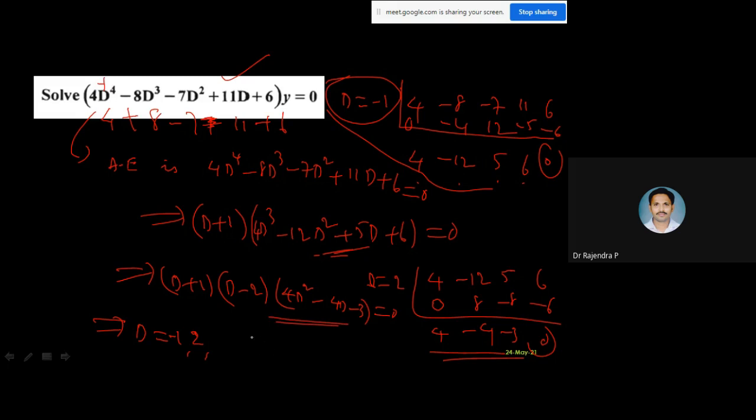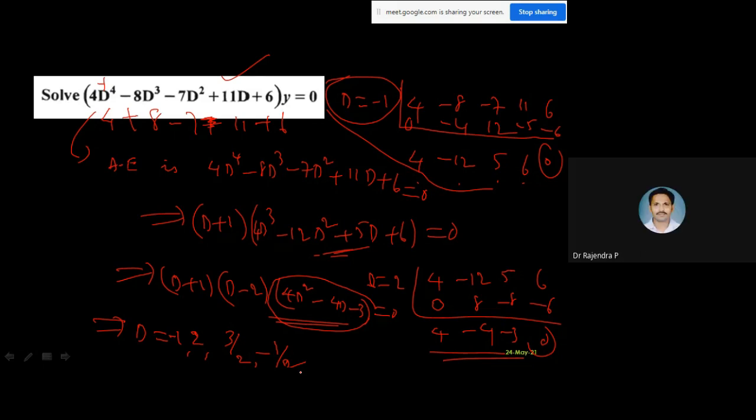I already know those roots, so I'm just writing them: 3/2 and -1/2. I hope everybody knows how to solve this quadratic equation, so I'm writing directly. Is it okay? So how many roots are there? 4. All 4 roots seem to be real and distinct. Yes, sir.